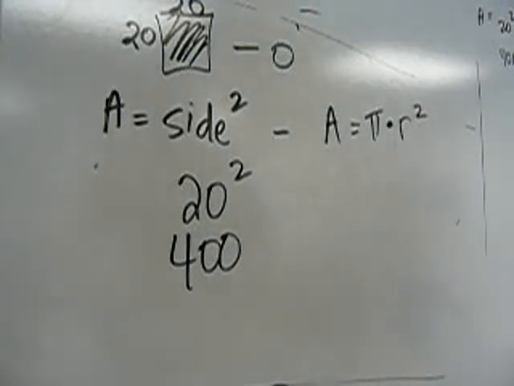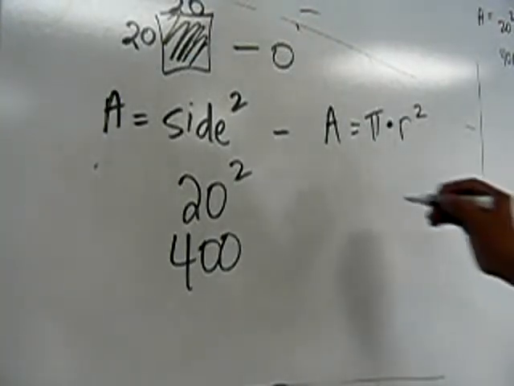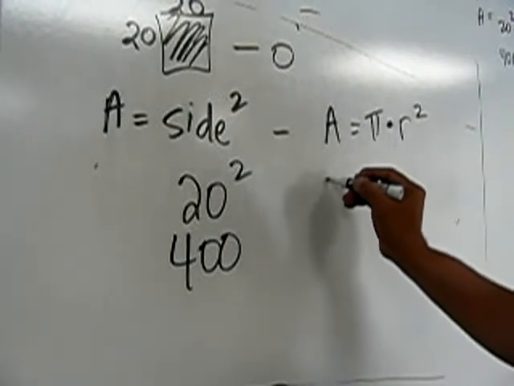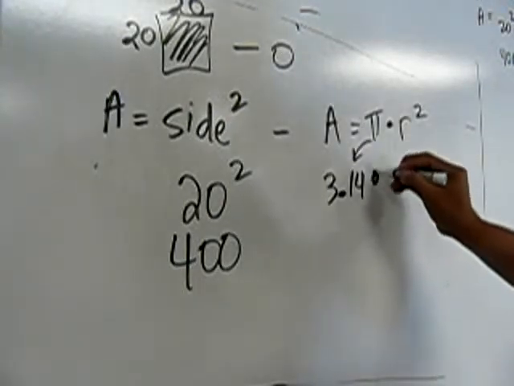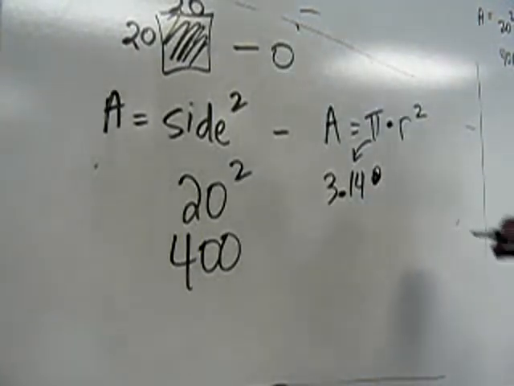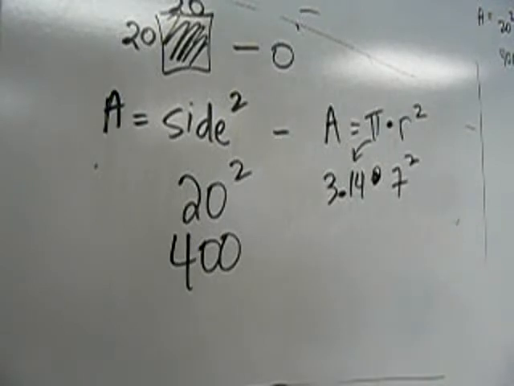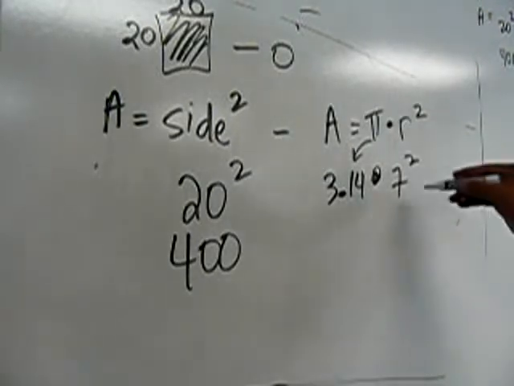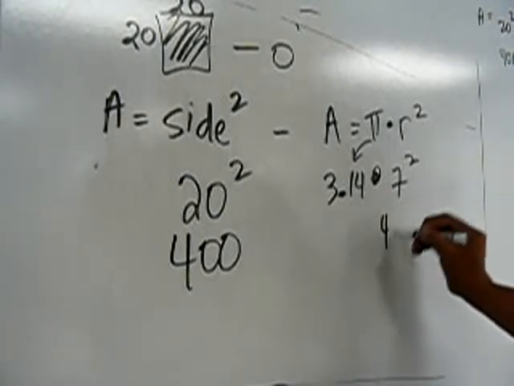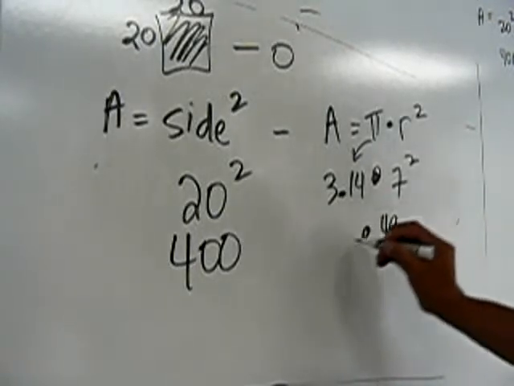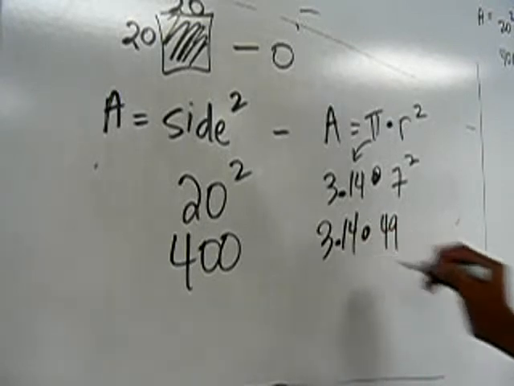Now I start finding out the area of the circle. Pi times radius squared. It tells us that the radius is 7. So now using the rules of Aunt Sally, I have to work out the exponent first. 7 times 7, 49 times 3.14.